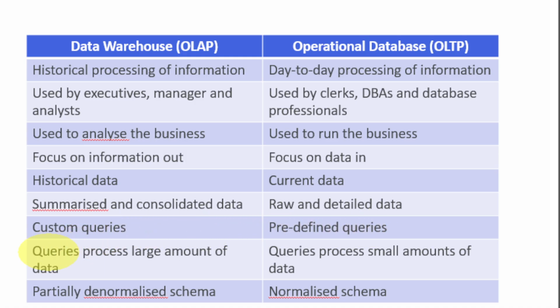In data warehouse, queries process a large amount of data. In operational database, queries process a small amount of data. Data warehouse is a partially denormalized schema, whereas operational database is a normalized schema.